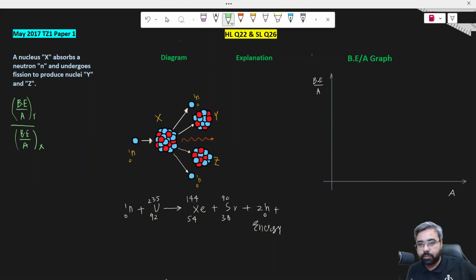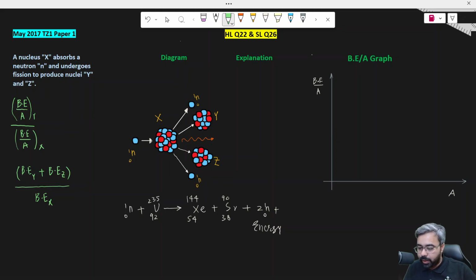We have to find whether it is greater than 1 or less than 1. And second, we add the binding energy of Y plus the binding energy of Z, and divide it by the binding energy of X. Is this greater than 1 or less than 1? Let us see.